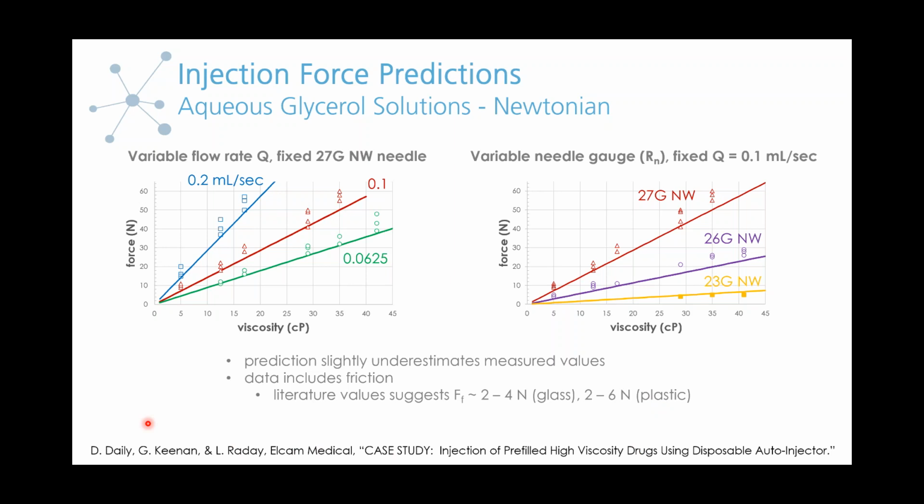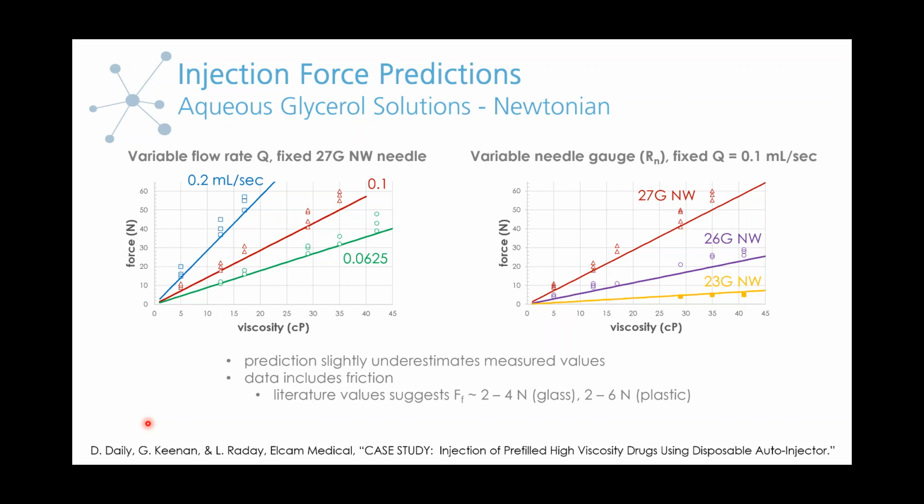So they were taking various aqueous glycerol solutions, varying the volume fraction of glycerol to adjust the viscosity, and then using a compression tensile instrument to measure the injection force for their auto injectors. So this is probably likely some kind of Instron type of instrument.